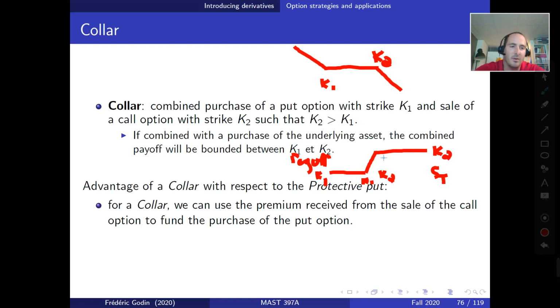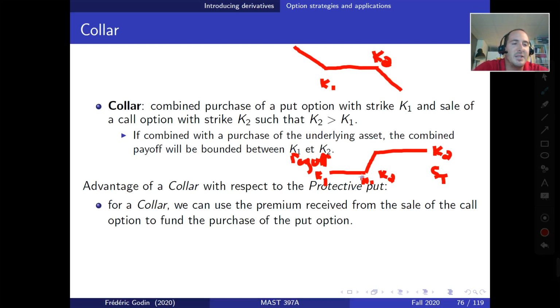So if your asset has a terminal value at T of more than K2, then combining the underlying asset and the option will lead to a payoff of K2. But conversely, if the underlying asset is worth less than K1, then the total payoff of the combined collar and underlying asset becomes K1. So in that case, you floor your total payoff.